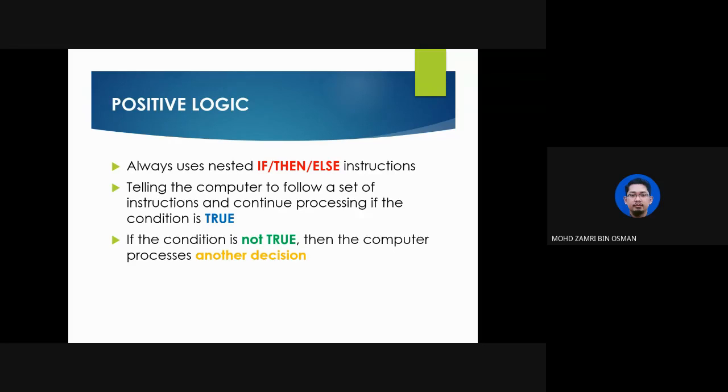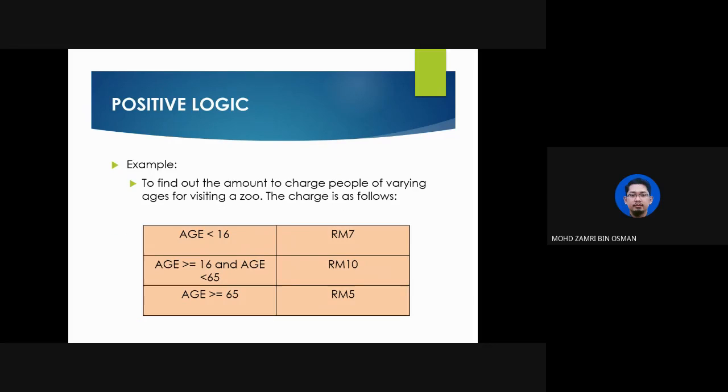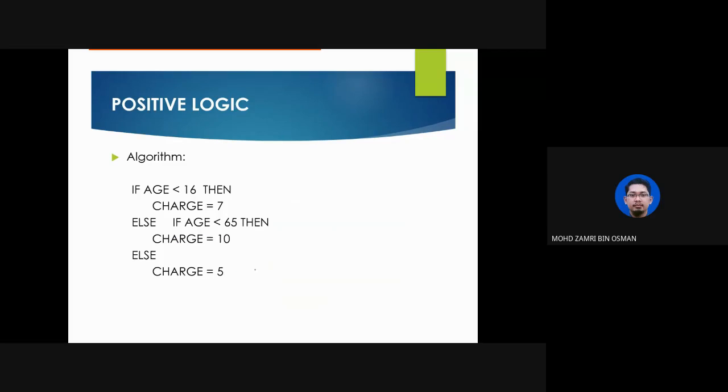So this one is what we call the positive logic. We go through the example here of how we can design our positive logic. As you can see, if age is less than 16, then we have statement number one, statement number two, statement number three. So that is the condition we have here, and then we have another condition, and then the last condition.